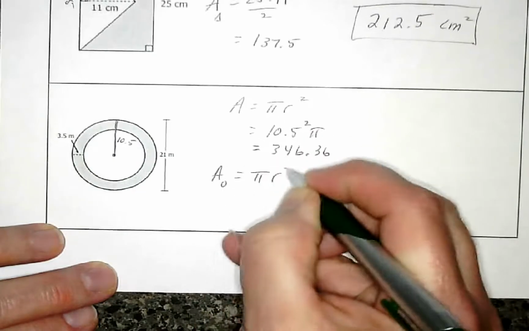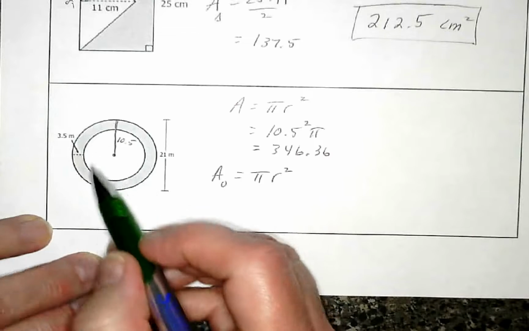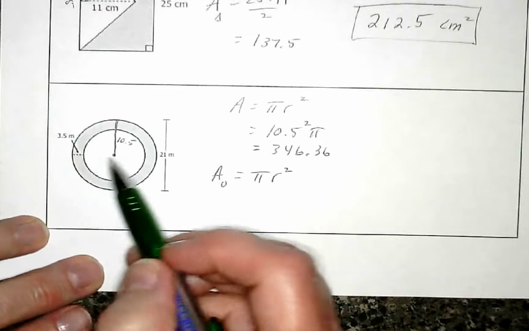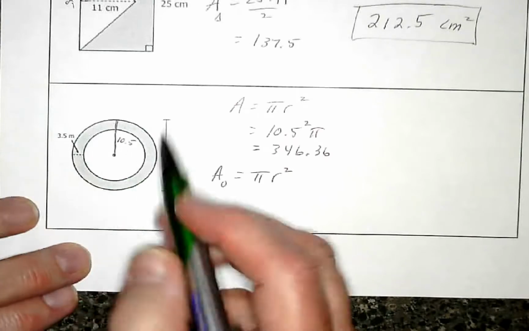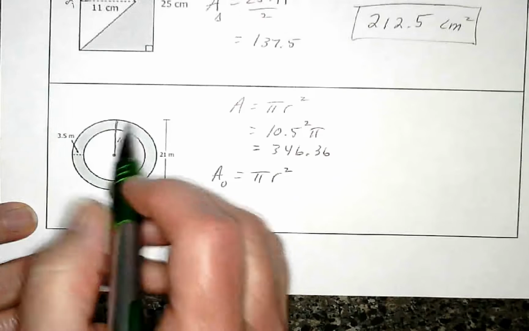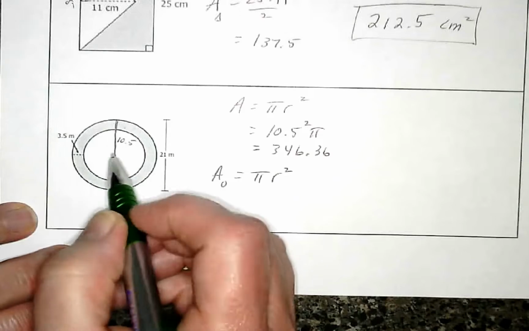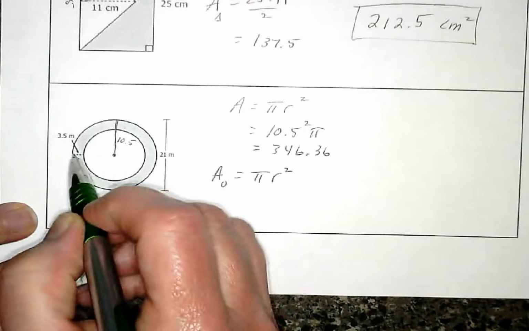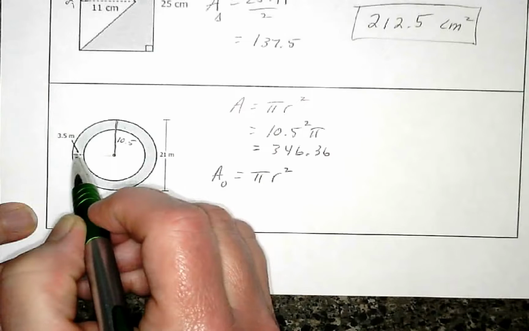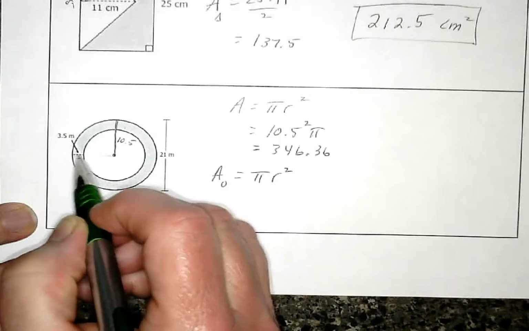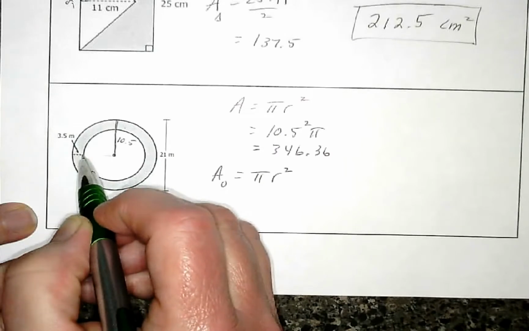Now, this is the little trickier one. I've got to find the area of this circle that is white to get rid of it, so I can find whatever's left over to be the shaded part. From the center all the way to the outside edge is 10.5. This piece, maybe like a grass path or a sidewalk, is 3.5.